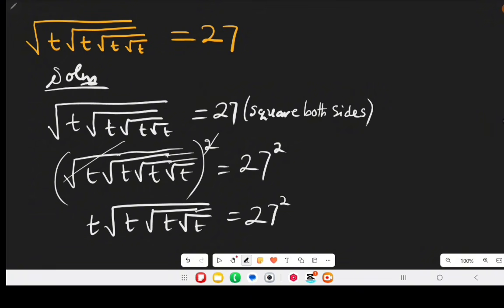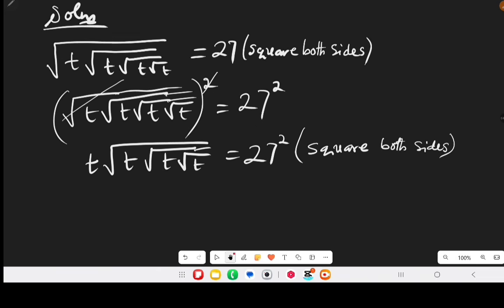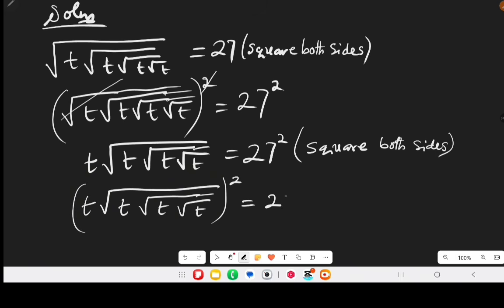At this point, we have to square both sides again. When we square both sides, we have t, root t, root t, root t all squared equals 27 squared all squared.